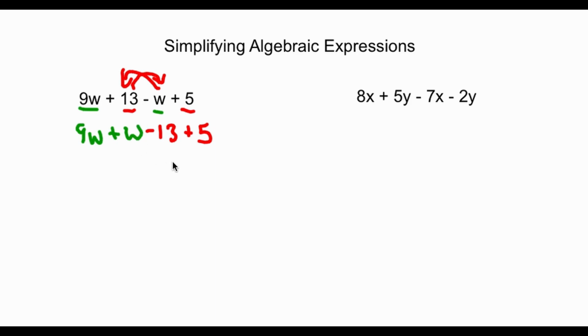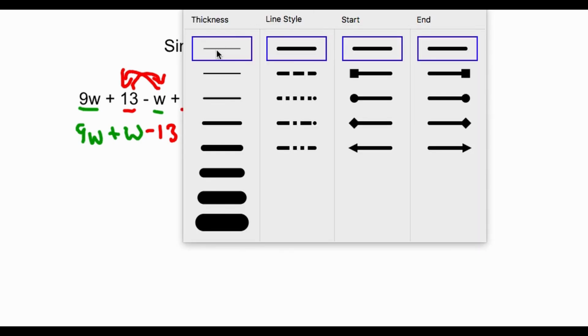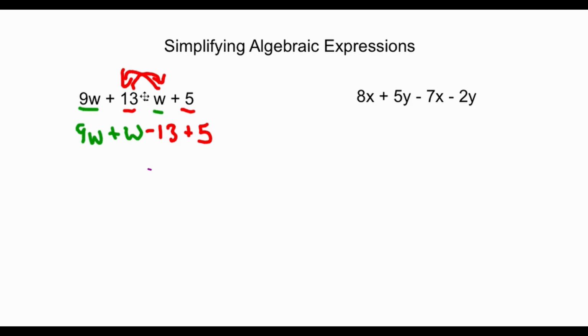What we first have to do is treat or change this subtraction into an addition. So I'm going to change the subtraction into addition, and I'm going to make the w a negative.